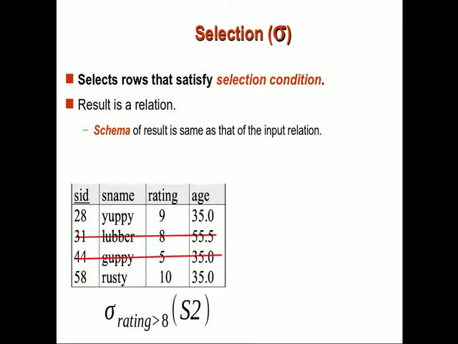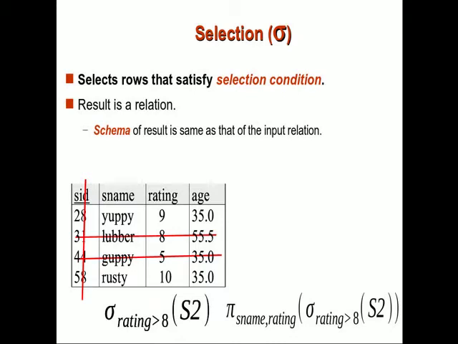And now if on this result we want to perform another operator, which was the projection operator that we discussed in the earlier slides, with the projection list consisting of the attributes sname and rating, then this means that we have to remove the first column SID because it is not present in the projection list, and we also have to remove the last column, which is age, because it is not present in the projection list.